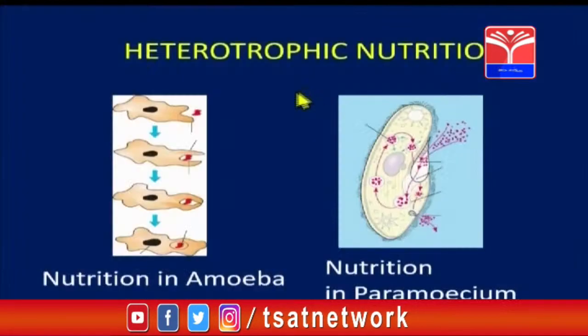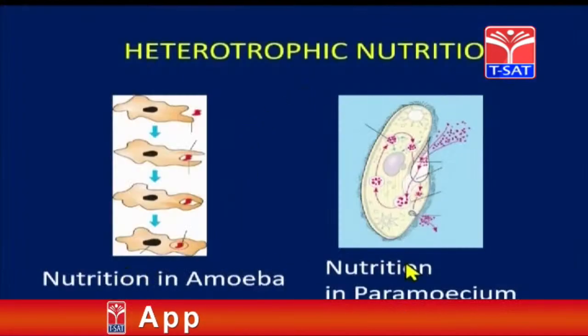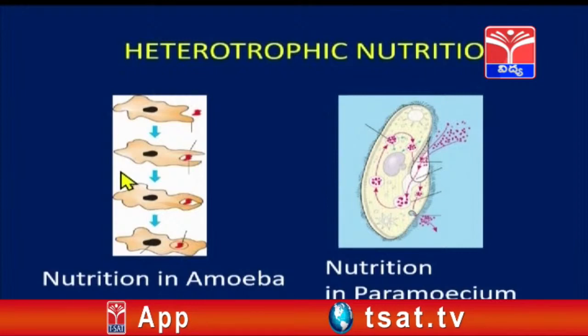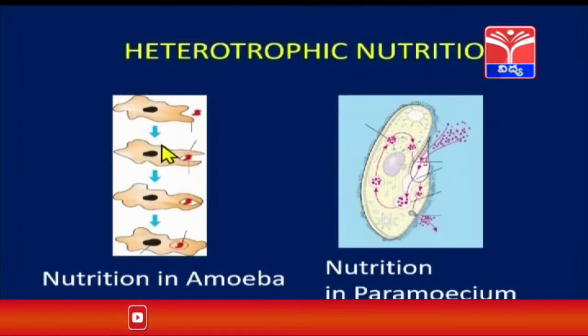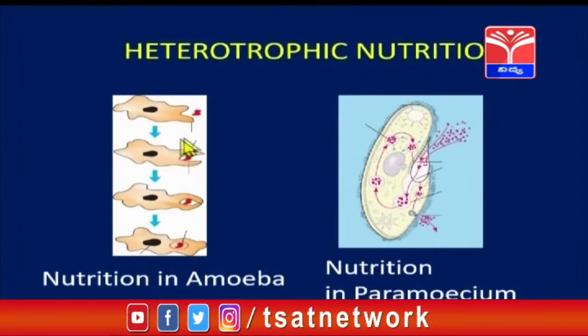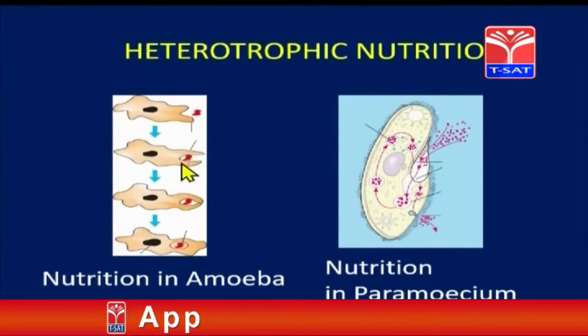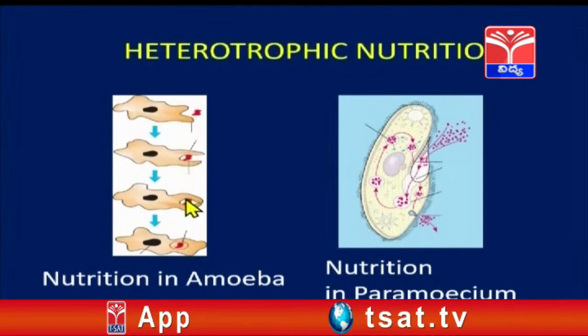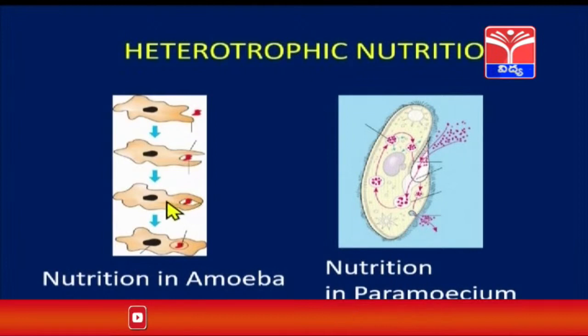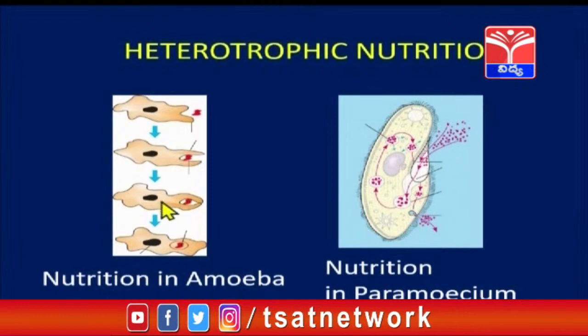Holozoic nutrition, that too in amoeba and paramecium. Amoeba is a unicellular organism. Amoeba has finger-like projections which are called pseudopodia. With the help of the pseudopodia, the amoeba will capture the food material, and the captured food material is completely engulfed into its body. Inside the body, the food material, which consists of complex substances, is broken down to simple substances.